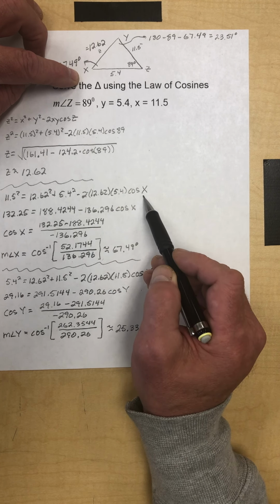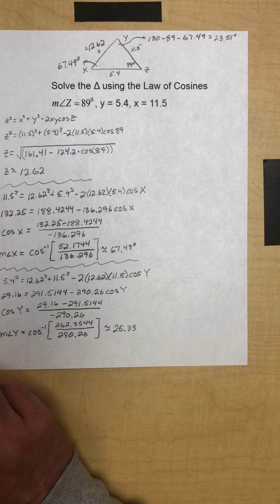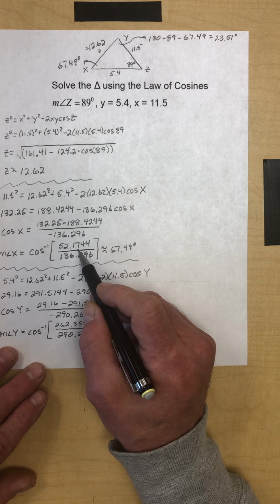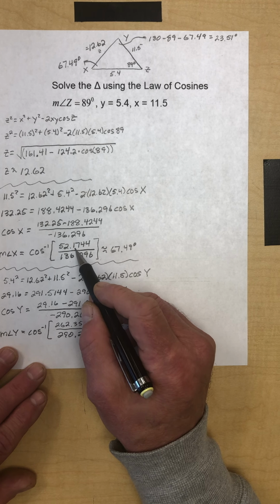Okay, so let's see, 132.25 minus 188.4244. I'm getting, ooh. Wait a minute, did I mess something up there? Let's check it again. 132.25 minus 188.4244. Okay, see, I got something here. This is where the mistake is.